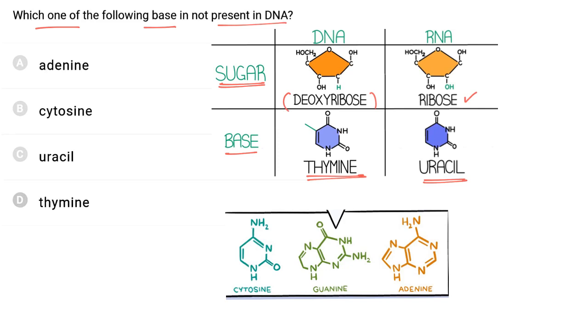So uracil is not present in DNA, and hence the correct answer is C. While adenine, cytosine and thymine are present in DNA. In fact, cytosine, guanine, adenine are present in both DNA and RNA. Thymine is present in DNA and uracil is present in RNA, and hence the correct answer is C.